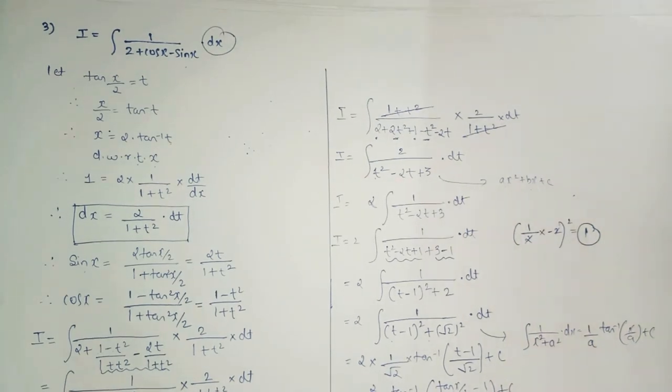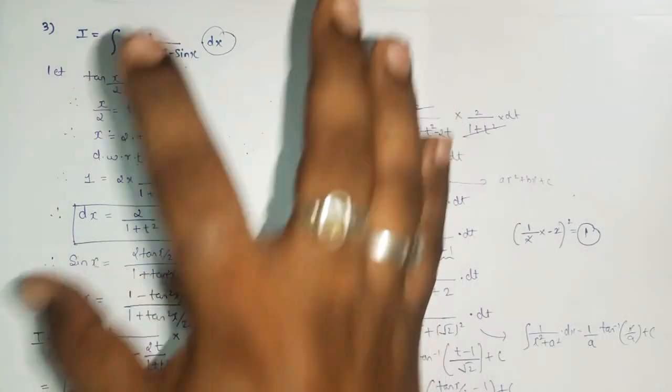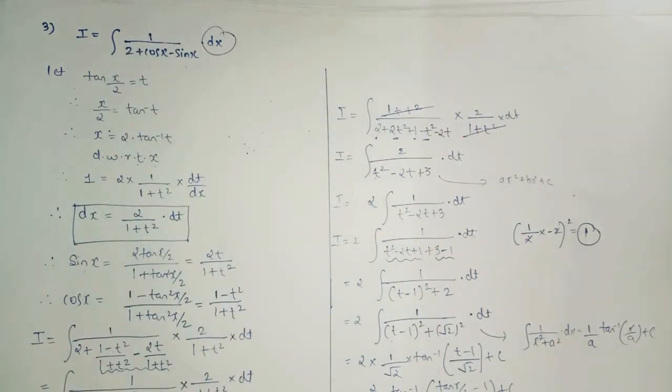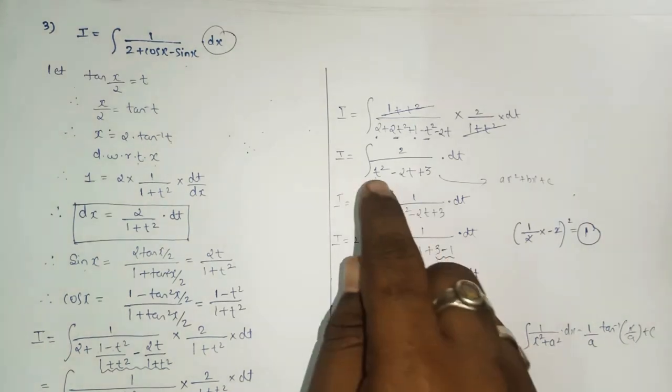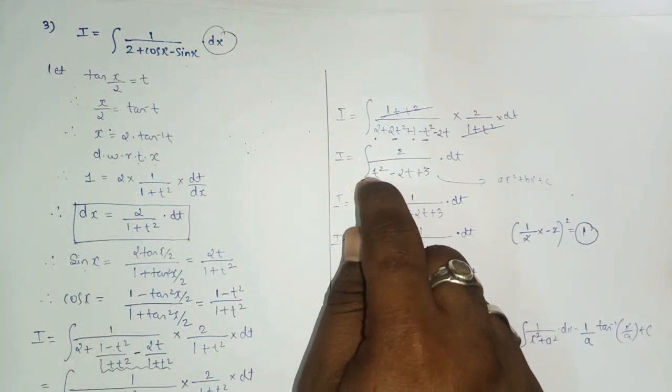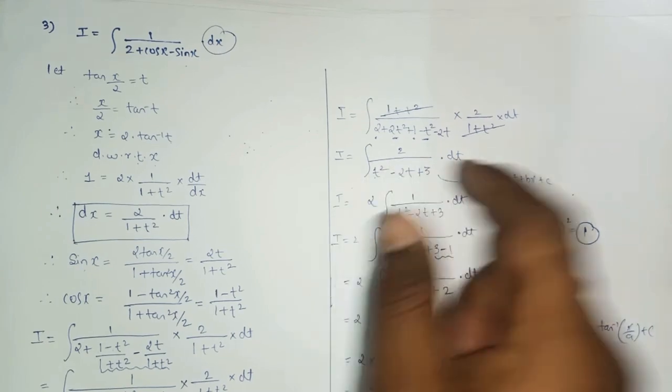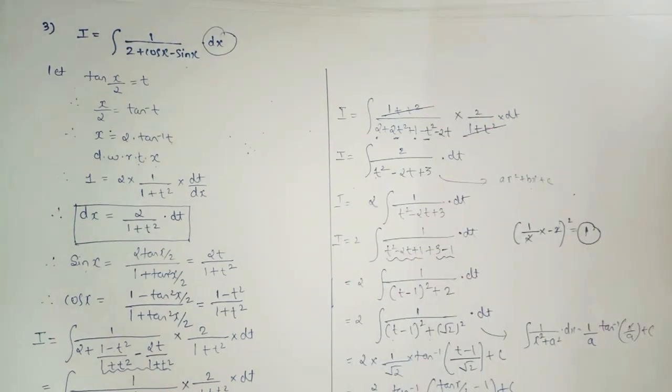In all the three cases the step number 1 and step number 2 were the same. In each and every case it will get converted into 1 upon quadratic form. As 1 upon quadratic form, we know how to solve. First we have to make the coefficient of the square term 1 and the sign should be positive, and after that we have to use the third term.